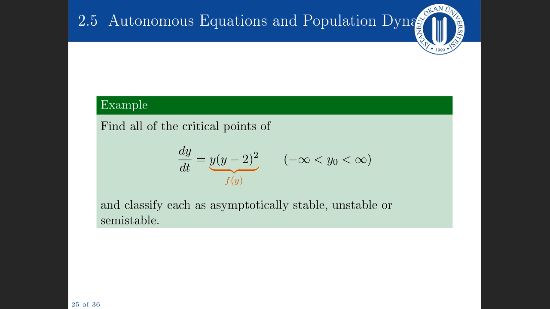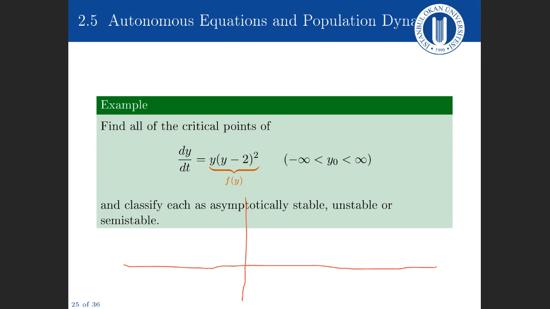Another example. Find all of the critical points of y(y - 2)². Again, y0 is between minus infinity and infinity. And classify each as asymptotically stable, unstable, or semi-stable. First thing to do is to plot this graph.